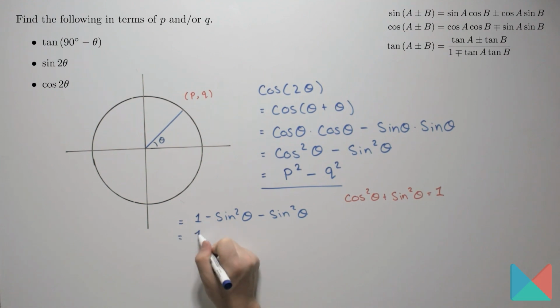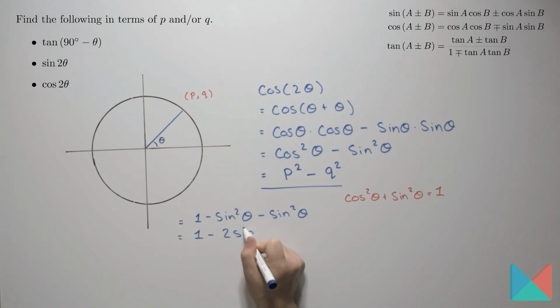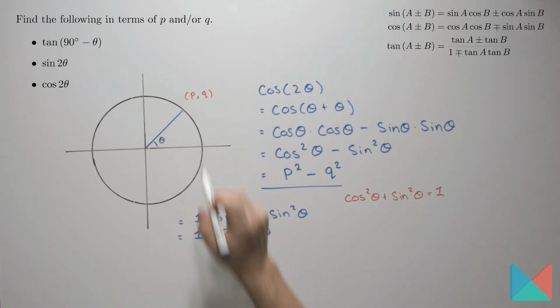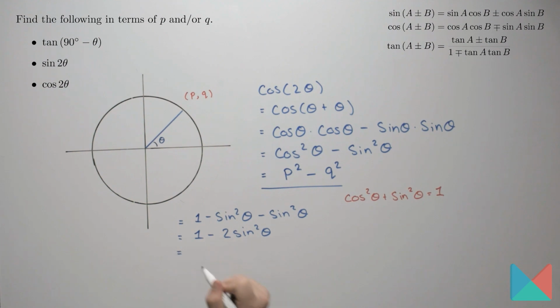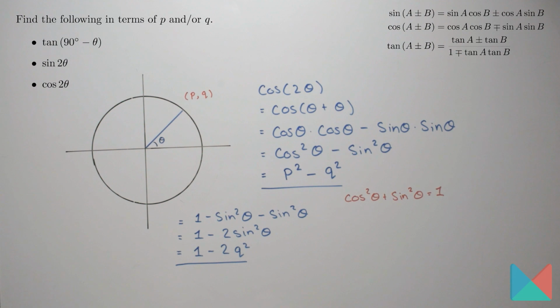So we can get 1 take 2 sine squared theta. And finally, we can make our substitution for sine, and sine is equal to our y component Q. So we get 1 take 2 Q squared. And so our solution for cos of 2 theta can also simplify into 1 take 2 sine squared theta, or in terms of Q is 1 take 2Q squared.